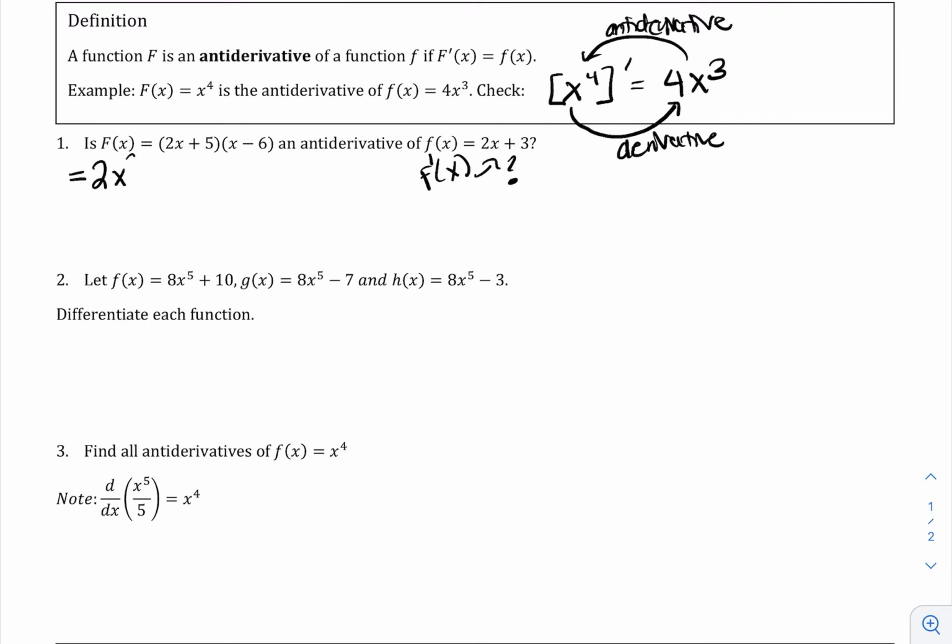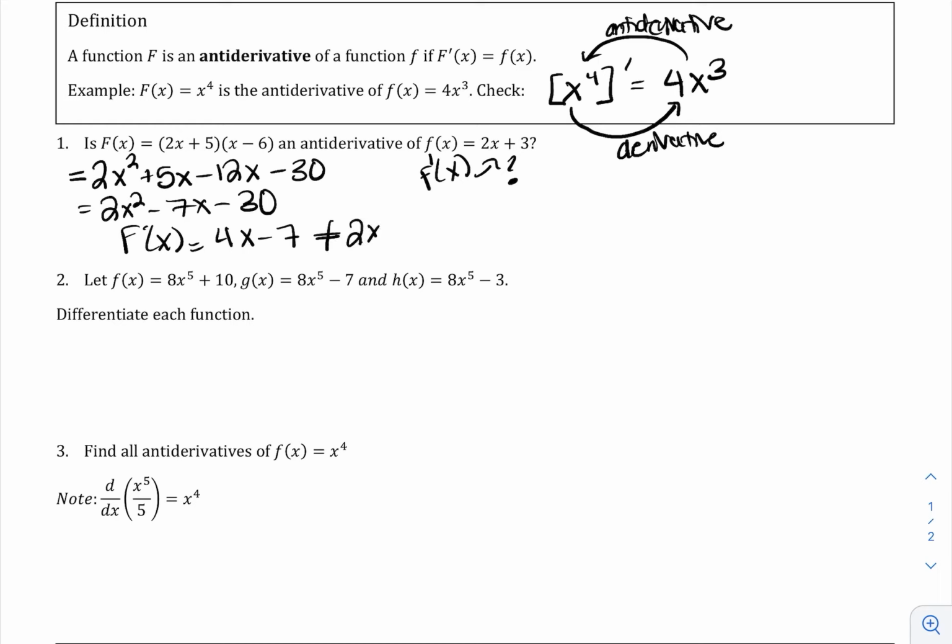That's going to give us 2x squared plus 5x minus 12x minus 30, which gives us 2x squared minus 7x minus 30. Then I can easily take the derivative with the power rule: 4x minus 7. But 4x minus 7 is not 2x plus 3, so the answer is no. This is not an antiderivative of 2x plus 3.